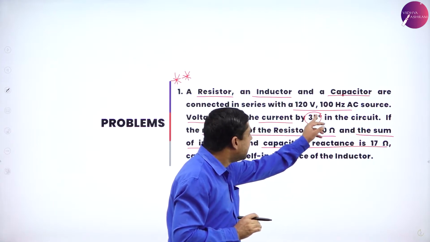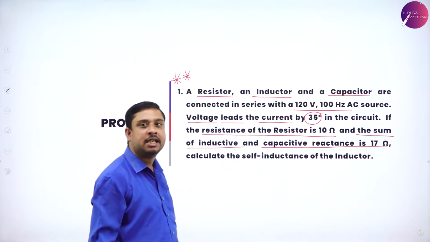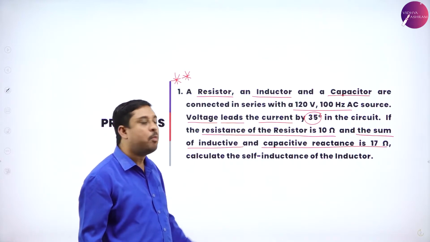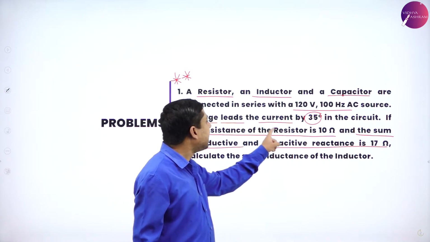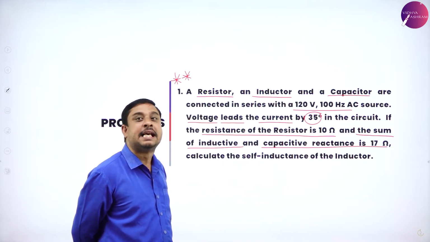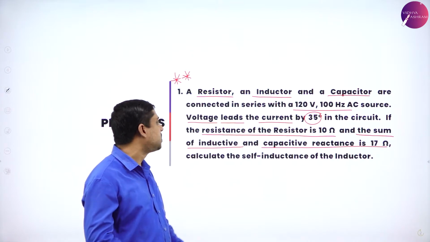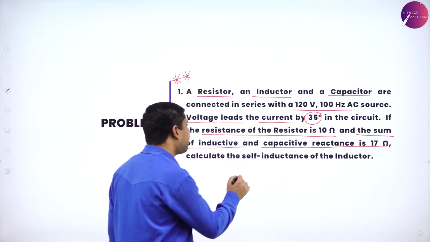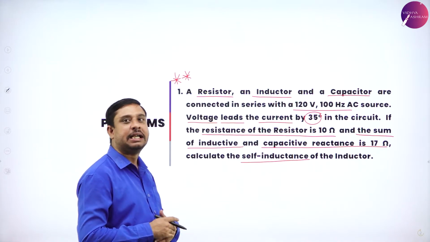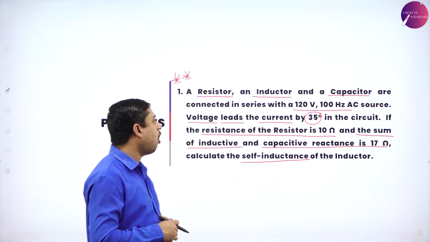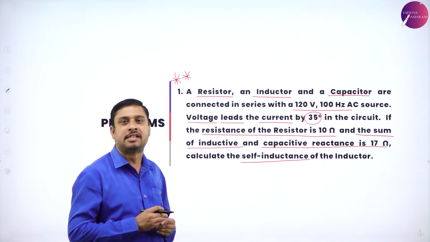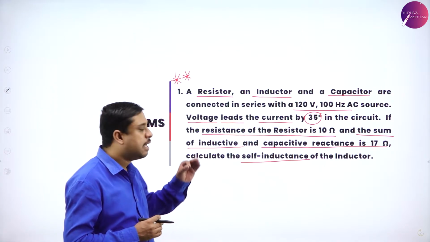Resistance in the circuit is 10 ohms. The sum of inductive and capacitive reactance is 17 ohms. I have to calculate the self-inductance of the inductor. A very interesting problem.